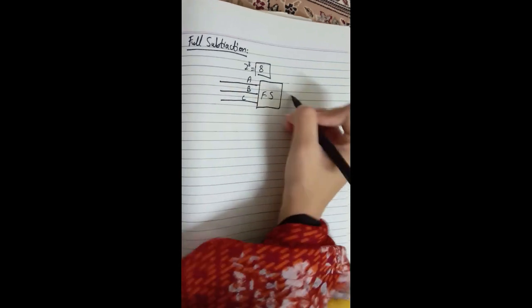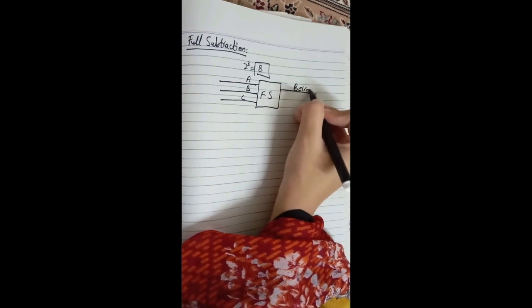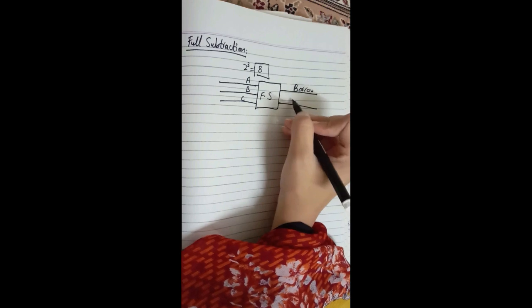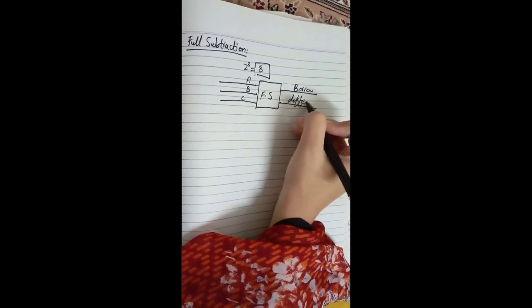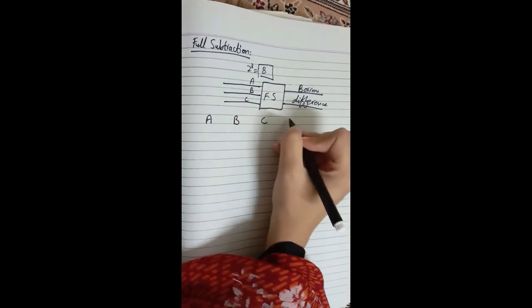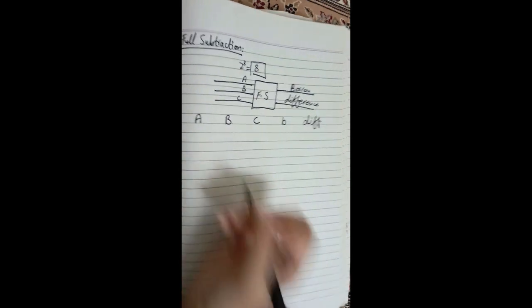And the outputs we will have are borrow and difference, the same as for the half subtraction. Now we will make the table for it: A, B, C, borrow and difference.